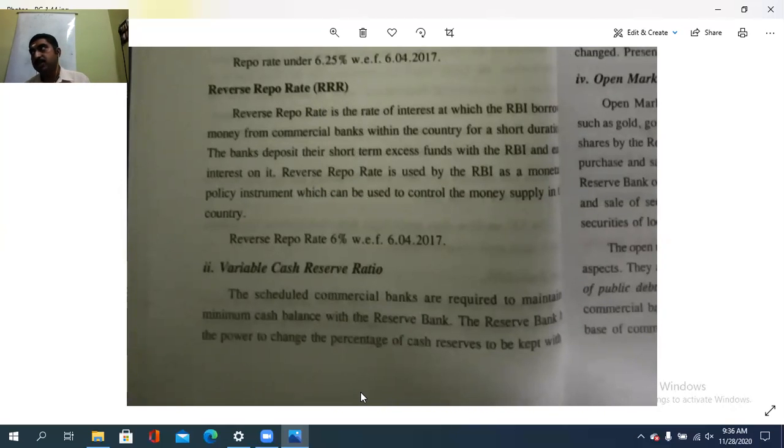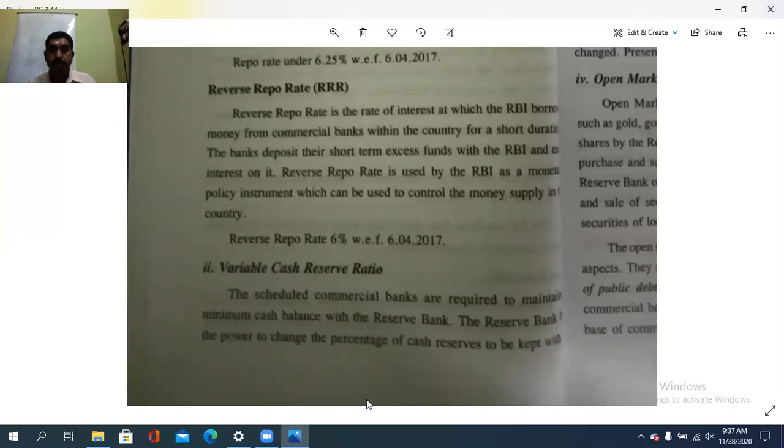Next, what is a variable cash reserve ratio? The second point is that the quantitative controls are this one. So, variable cash reserve ratio, what is it? The scheduled commercial banks are required to maintain a minimum cash balance with the Reserve Bank. Commercial bank, scheduled ആയിട്ടുള്ള, നമ്മൾ നേരത്തെ കണ്ടു ഷെഡ്യൂൾഡ് ഉണ്ട്, നോൺ ഷെഡ്യൂൾഡ് ഉണ്ട്. അതിൽ ഷെഡ്യൂൾഡ് ബാങ്ക് രജിസ്റ്റർ ചെയ്തിരിക്കുന്നത്, RBI ആയിട്ട് രജിസ്റ്റർ ചെയ്തിരിക്കുന്ന ബാങ്ക്സ്, അതാണ് ഷെഡ്യൂൾഡ് ബാങ്ക്സ്.